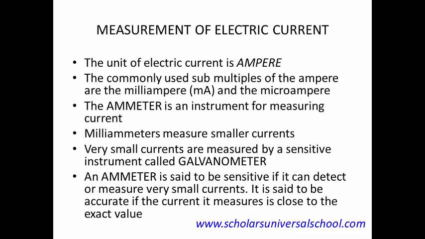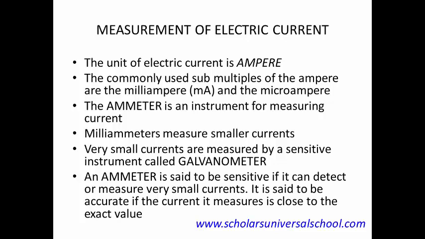Also, we have some very small currents that the milliammeter also cannot detect. To measure those, we use a very sensitive instrument, which we call the galvanometer. So the galvanometer is used to measure very small amounts of current, then the milliammeter for smaller currents, then ammeters will be used to measure large currents.